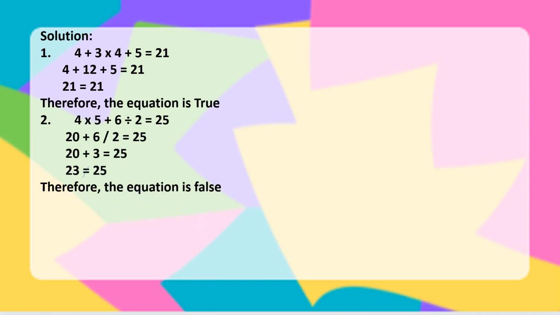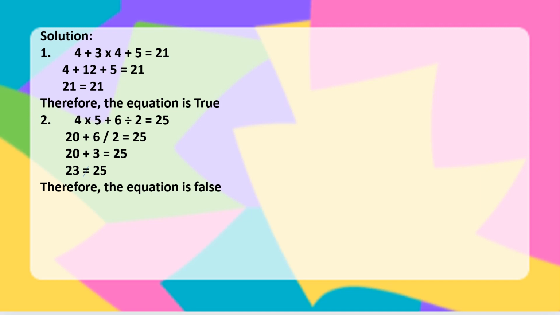Okay, next example, number 2. 4 times 5 plus 6 divided by 2 is 25. Will that equation give the result as 25? Let's see. So what do we need to do first? Okay, we need to multiply first 4 and 5. So 4 times 5 is 20. Then the rest of the given, copy. Plus 6 divided by 2 equals 25. Next step, what do we need to do?